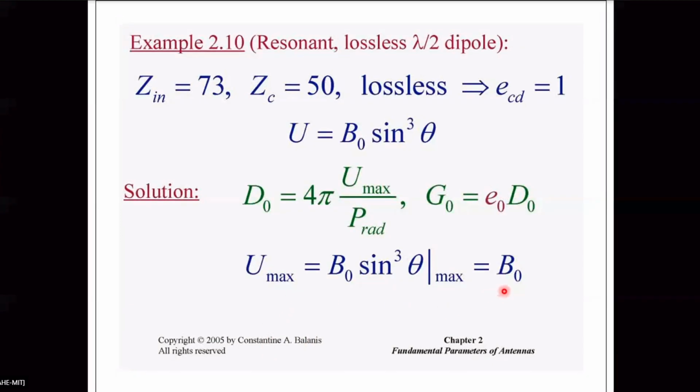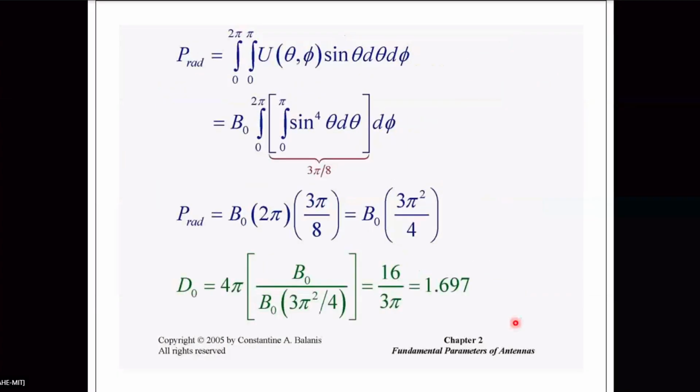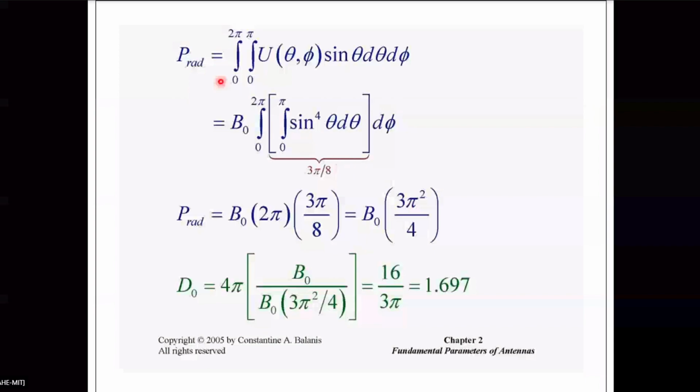So U max you get as B naught, and after finding P rad, you get D naught as 1.697. Can I go to the next slide? Is everything clear? Yes.